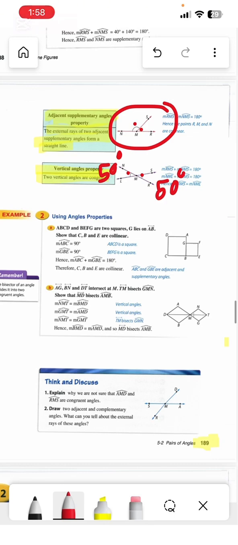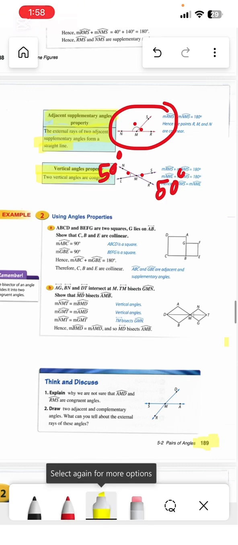Now we will move to example 2, section A. It says ABCD and BEFG are two squares. As you can see, we have ABCD, a big square, and EFGB, a smaller one. G lies on AB.